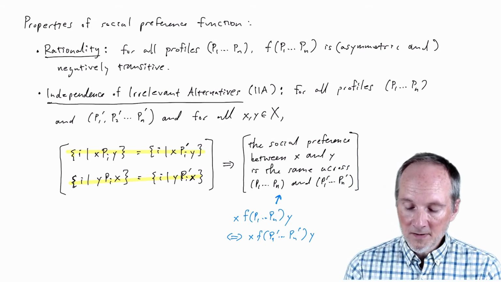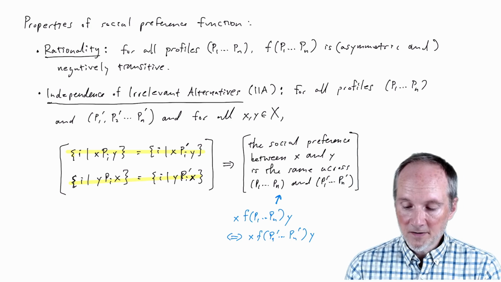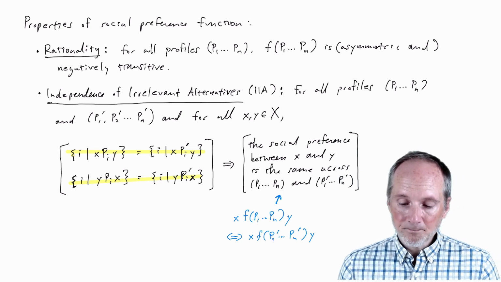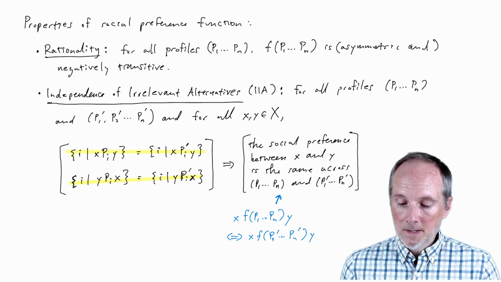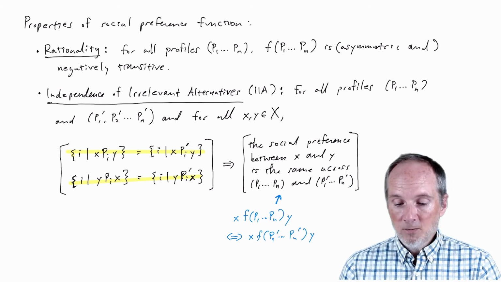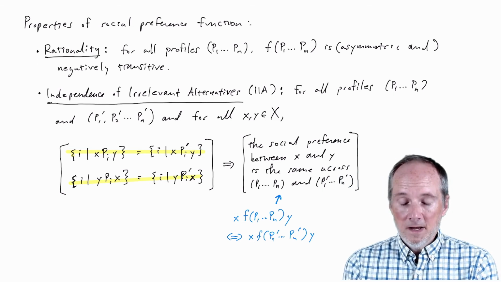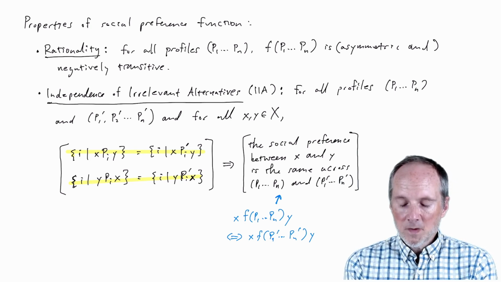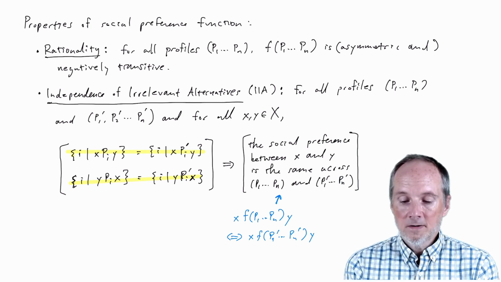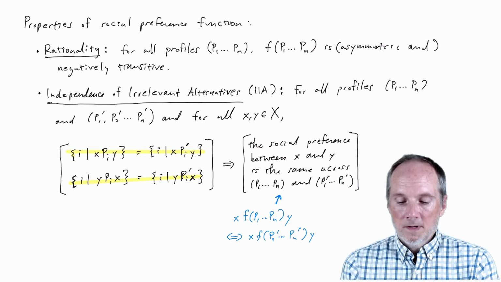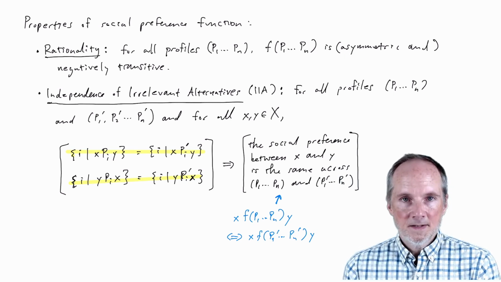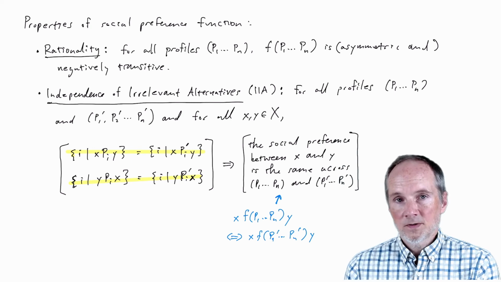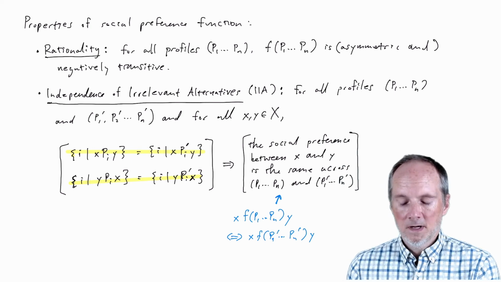Okay. Now, an interesting thing about these two properties here is that they're, in a way, very unrestricted. We've really isolated specific properties of voting rules here. In particular, this doesn't say anything about unbiasedness with respect to individuals or alternatives, okay?